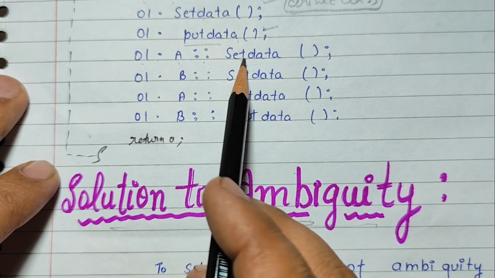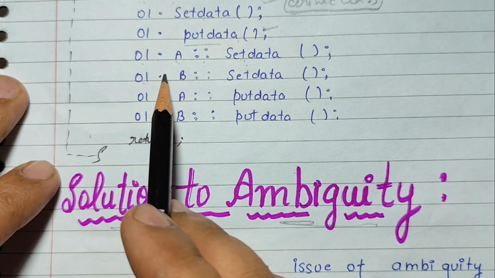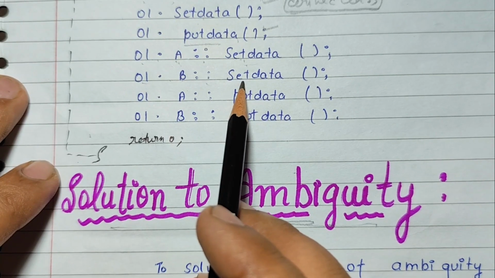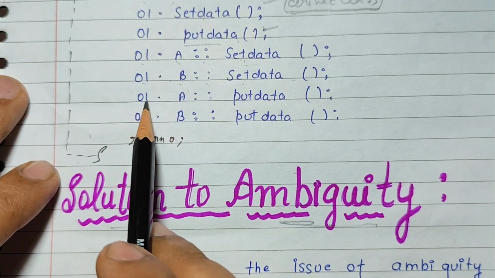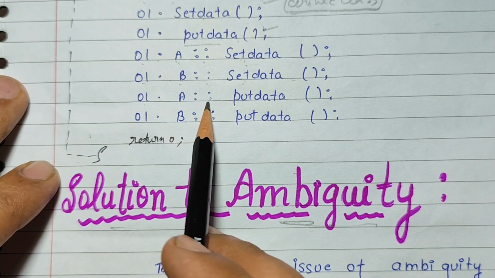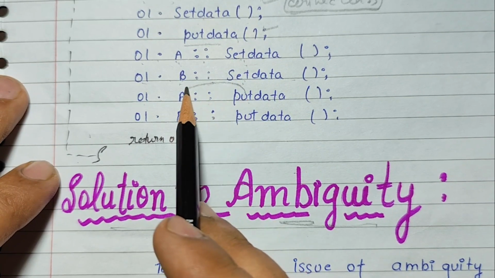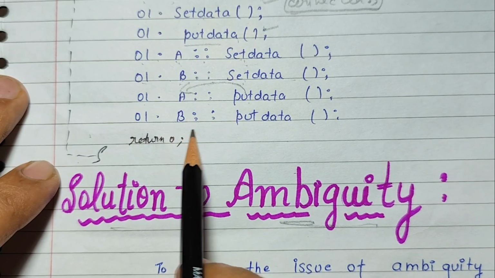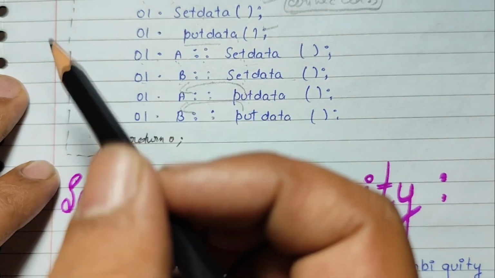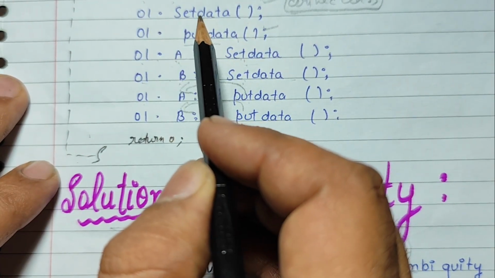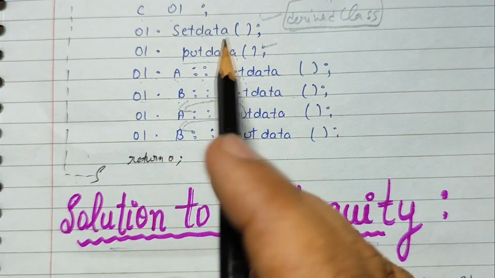Here the set data member function of class A is called. O1 dot B scope resolution operator set data. Here the set data member function of class B is called. And here O1 dot A scope resolution operator, then put data. Now the put data member function of class A is called, and here the put data member function of class B is called.